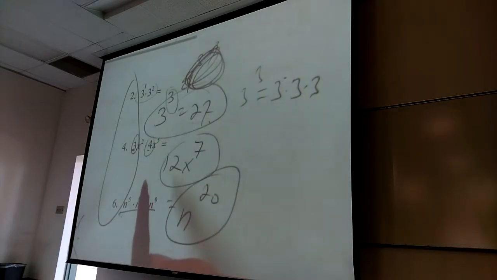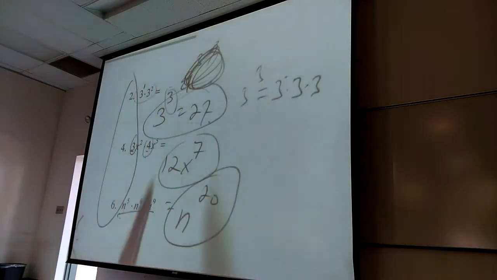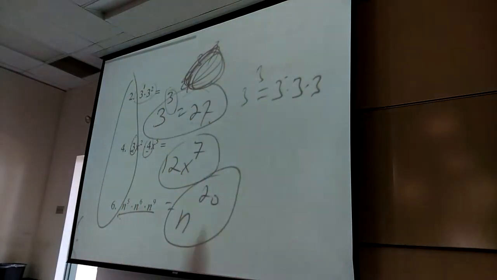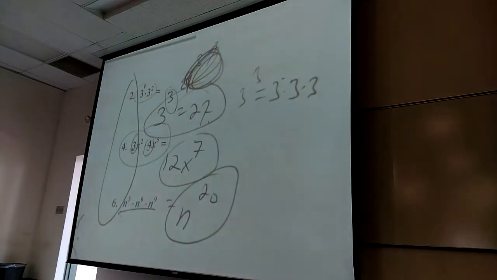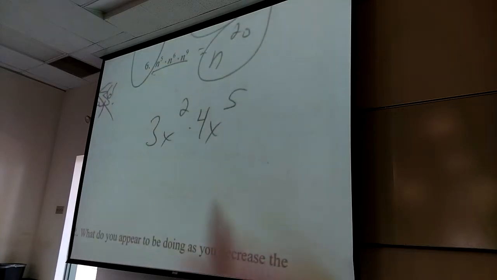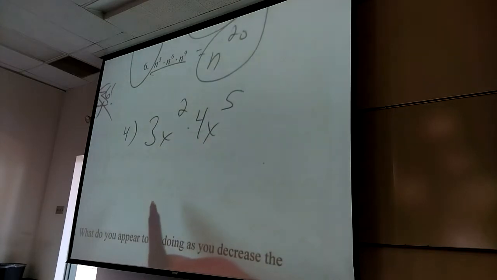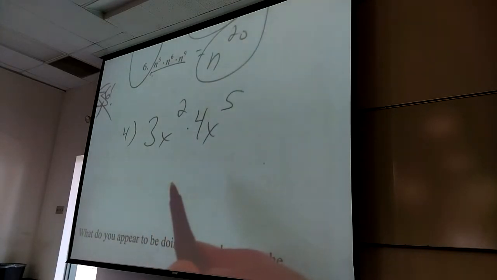Anything else on those 3 right there? And again, just to look at this a little bit deeper. If I have 3x squared times 4x to the 5th, look at number 4 again, a little bit closer. We have this beautiful property that we love to hate early on.